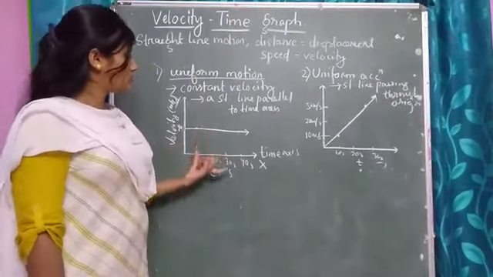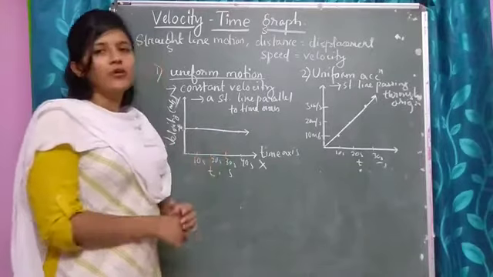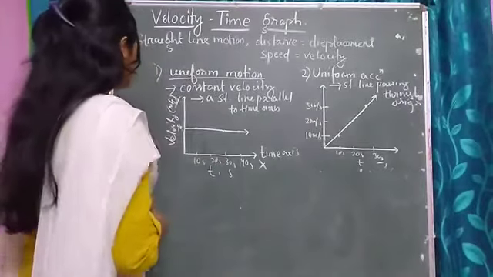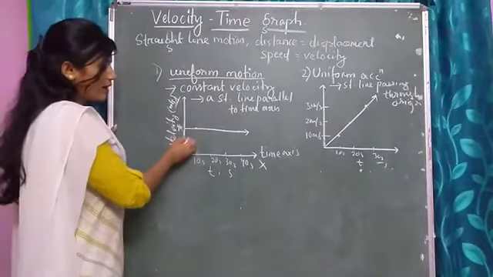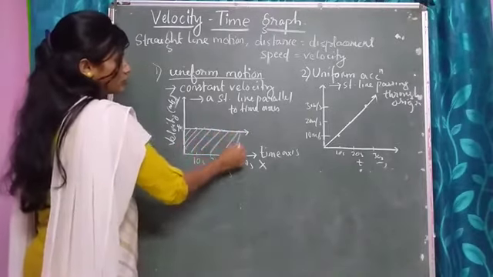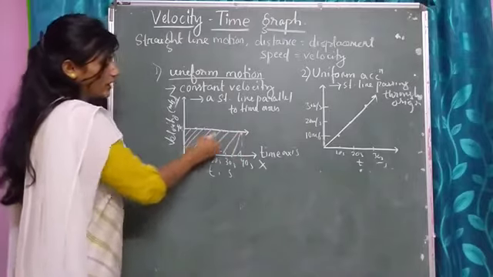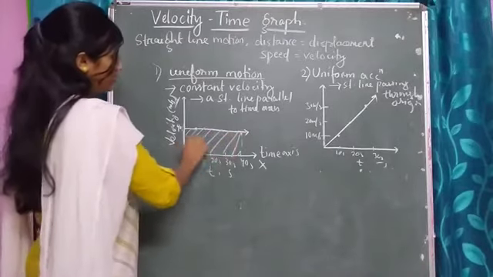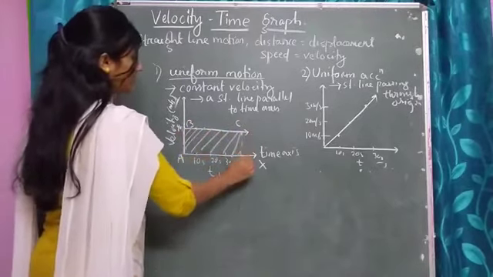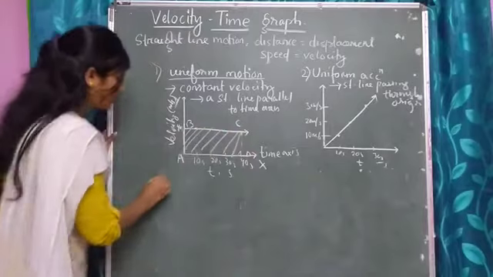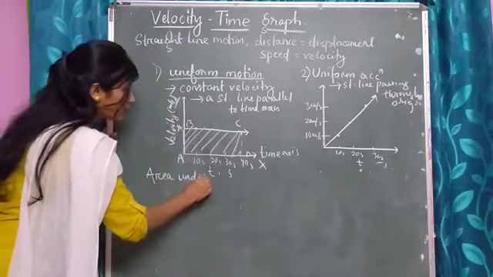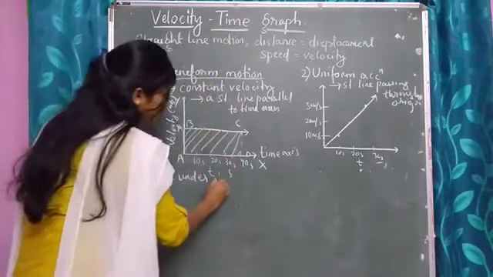So from this graph we can find out some parameters. What? Let us try to find out the area under this graph. Within 40 seconds the area covered by this graph is, I can write, A, B, C, D. So what is the area under the V versus T graph?